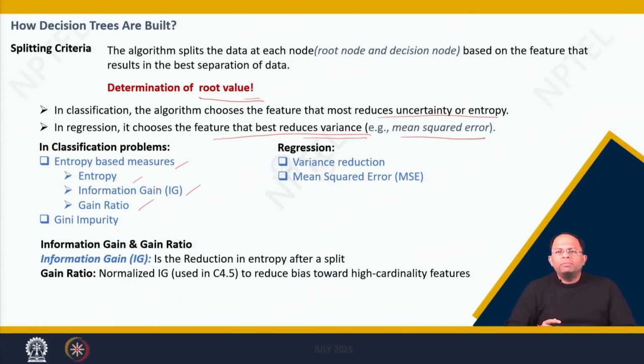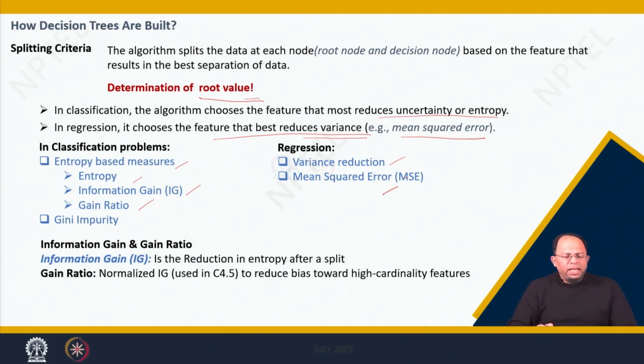This is how we will distinguish which features are showing us better results. And in the case of regression, we will use variance reduction or mean squared error. So these are the two distinct approaches that we will take in classification or regression tasks to determine which features are more important in the sequence of questions that I will ask.